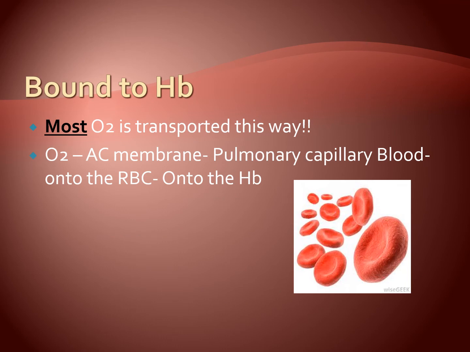So we need to look at how most oxygen is carried, which is bound to the hemoglobin molecule. Once again, most of the oxygen is transported on the hemoglobin molecule, right? That is going to be a big take-home point. So that means if someone has dysfunctional hemoglobin, if someone's anemic, if someone has blood loss, right?